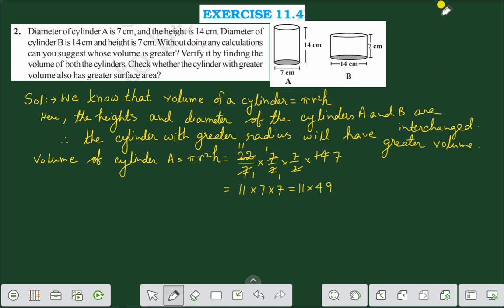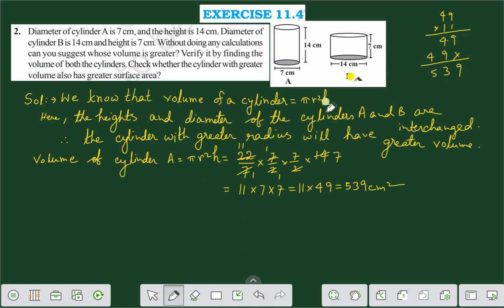If we multiply 49 with 11, we get 9, then 9 plus 4 is 13, carry 1, then 4 plus 1 is 5. We are getting 539 centimeter square.